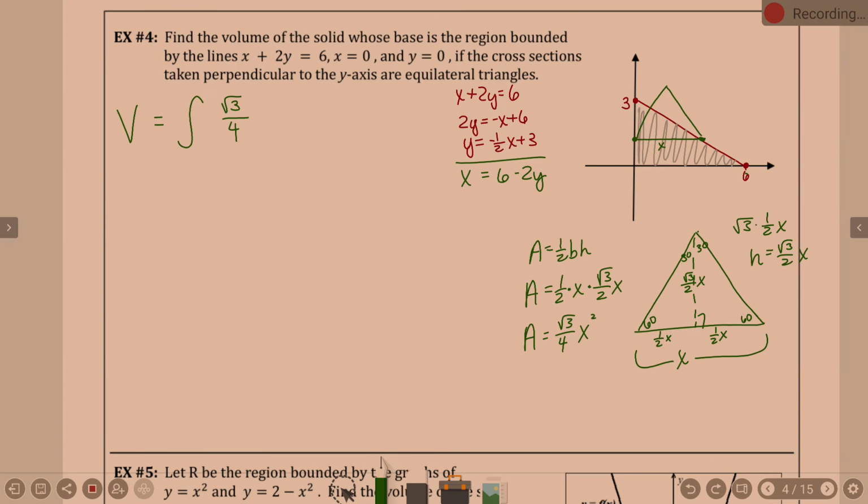What am I putting in for x? 6 minus 2y. So 6 minus 2y, quantity squared, with respect to y, so dy. From 0 to 3, because we are in terms of y.